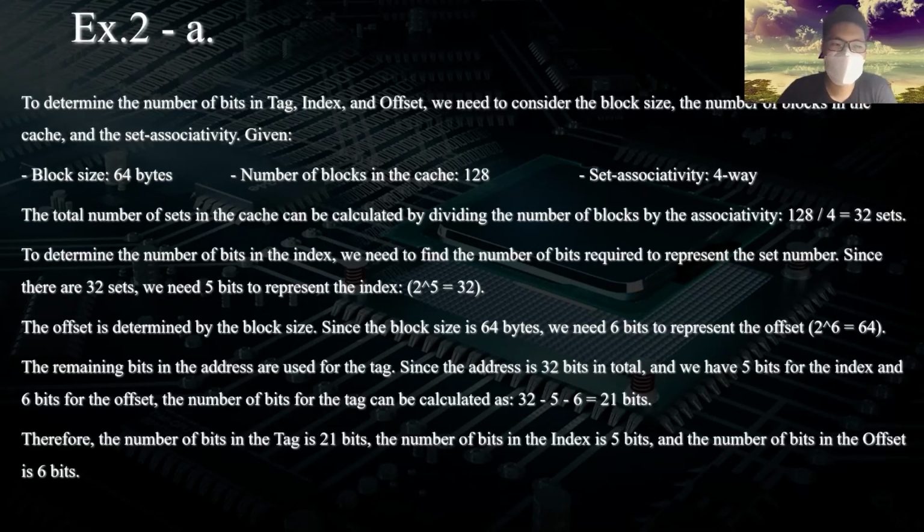Exercise 2, part A. To determine the number of bits in the index and offset, we need to consider the block size, the number of blocks in the cache, and the set associativity given.